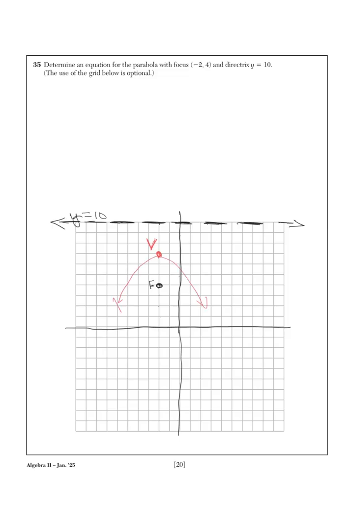In that case, I know that the vertex is -2, 7. And then the other thing we need to know for the equation is P. Now remember, P is the distance from the directrix to the vertex, or it could be the distance from the vertex to the focus.